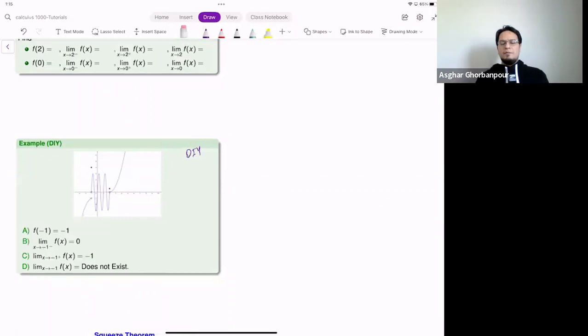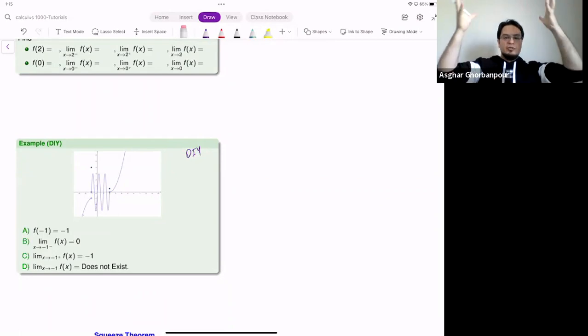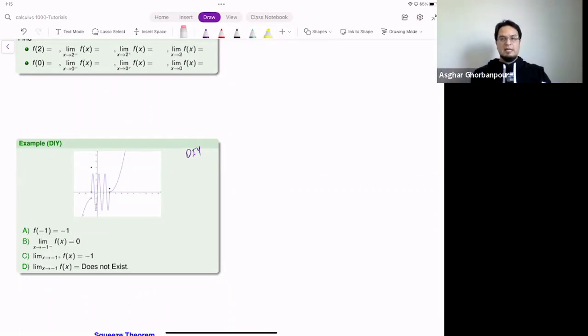So you have to be able to look at the graph of functions and find the limit just by that intuitive way of looking at graphs that I mentioned at the beginning. Also, you have to be able to use the limit laws. You have to be able to use the last tool that I introduced, right and left limits.